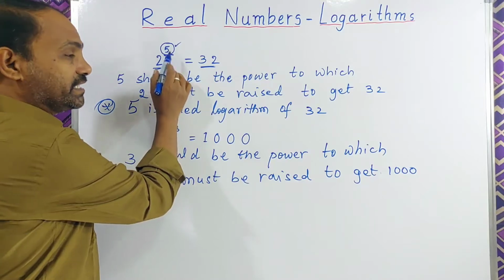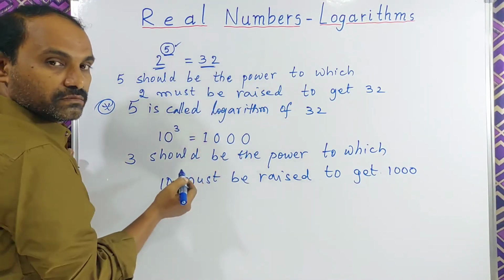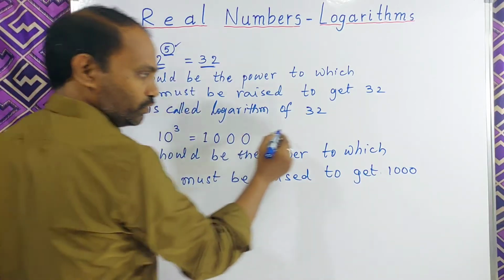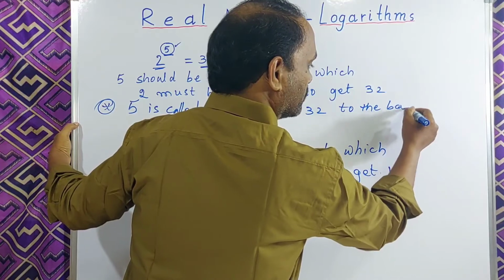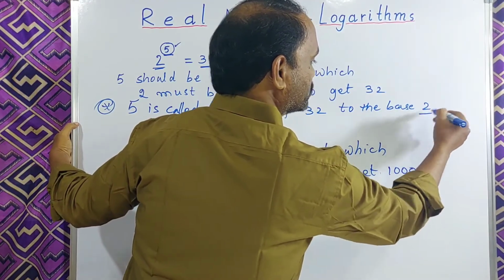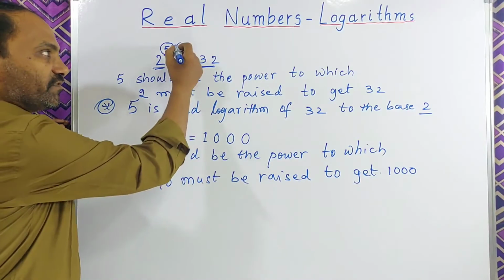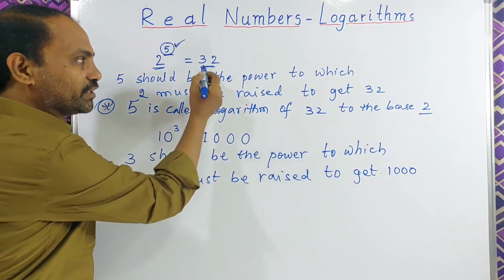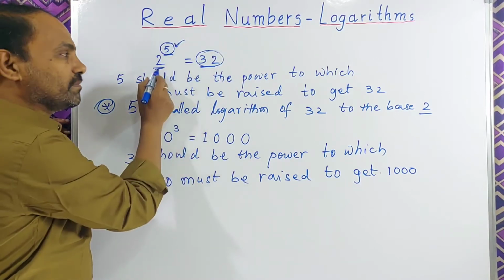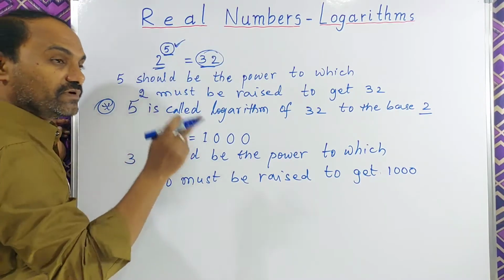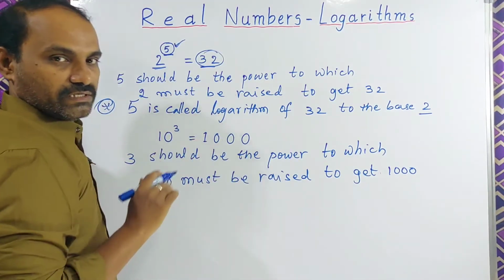This exponent is the logarithmic value of 32 to the base 2. Is it understood? This 5 is called the logarithm of 32, to the base 2. Here base is 2, that's why in logarithm also the base must be 2 only.